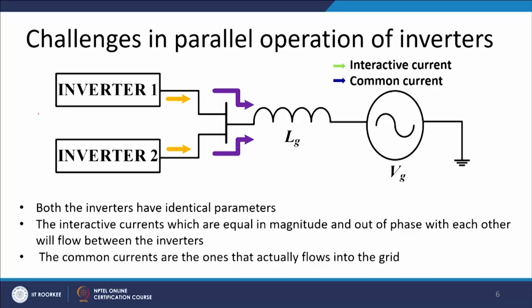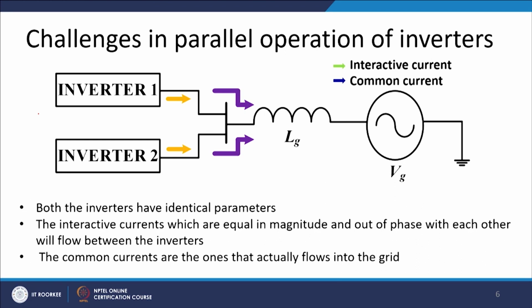of the inverters. A single line diagram of a two inverter system connected to the grid through a grid impedance LG is shown in this slide. Let us assume that both inverters are connected to independent renewable sources and that both inverters have identical ratings.